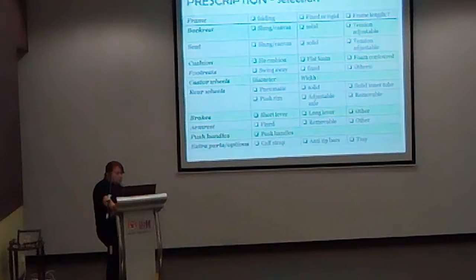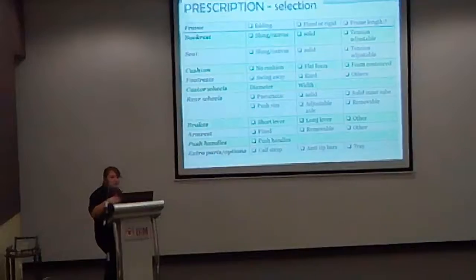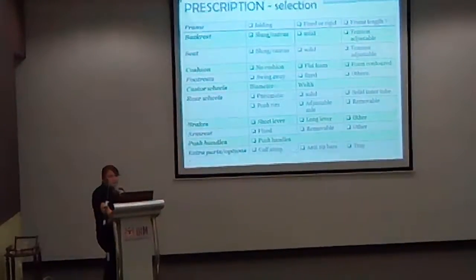Okay, type of the length tu akan identify macam mana patient akan guna dekat surface kan. Kalau surface yang tak rata, macam mana kita kena choose the wheelchair kan, betul tak?